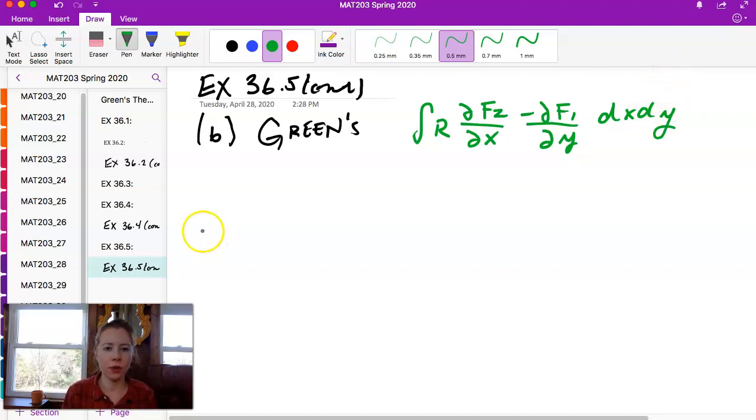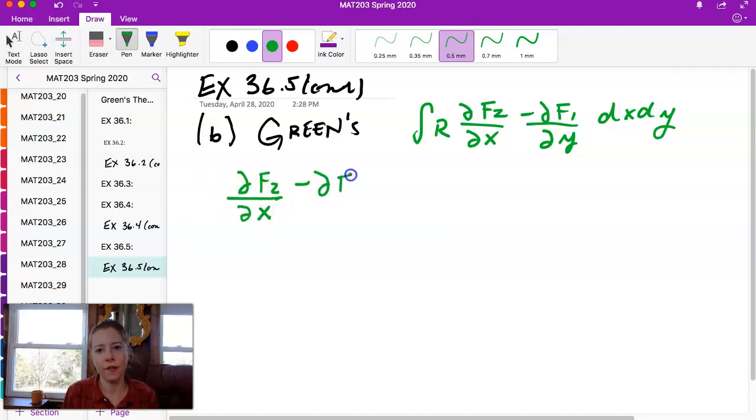All right, so we get del f2 over del x minus del f1 over del y.